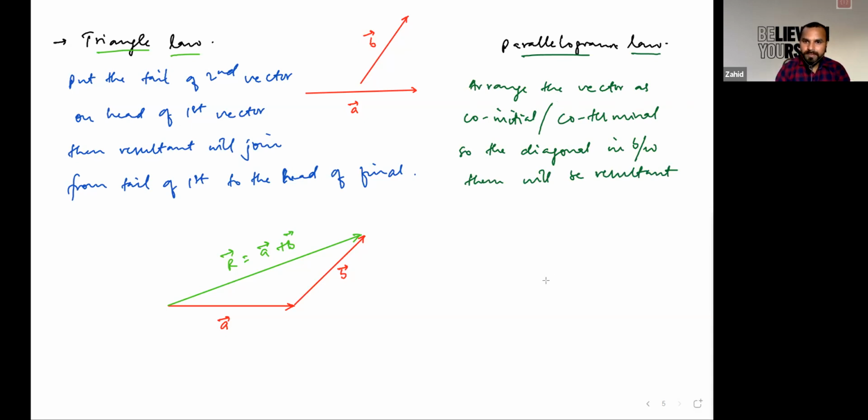Suppose this is the first vector, that is A, and this is the second vector, B. You may draw A along this path as well, and B along this path as well.